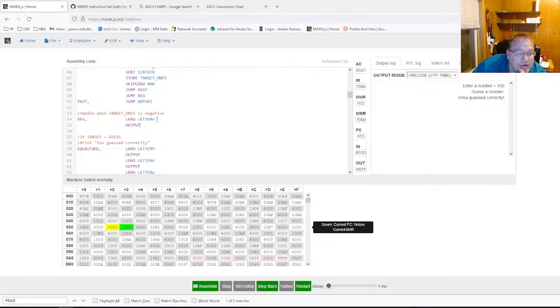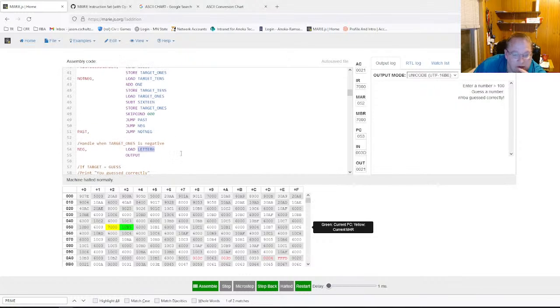So what we need to do is load target tens, subtract 1 and store it back in target tens.